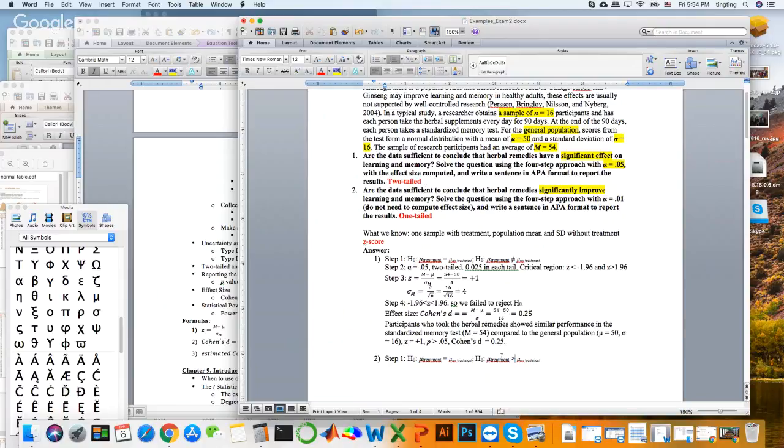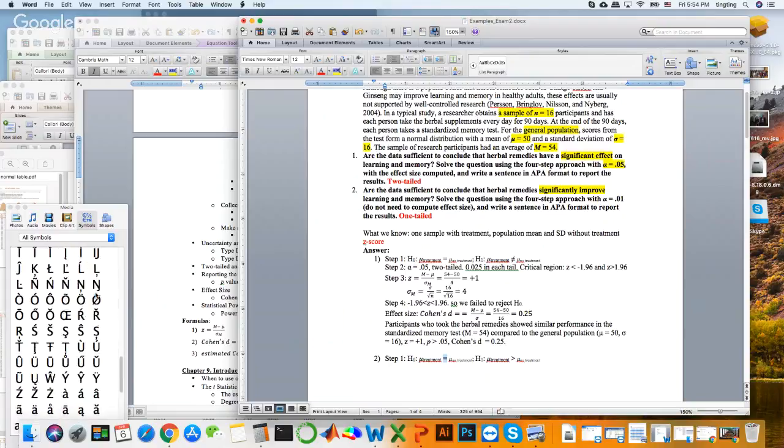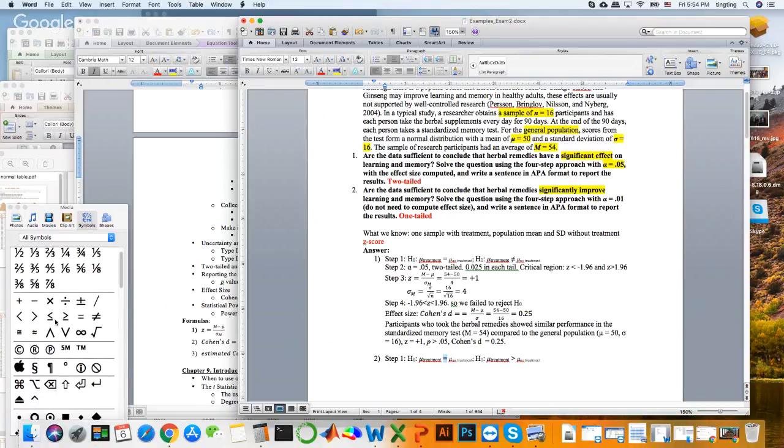So we hypothesize the population mean should be higher than the original population mean. And for the H0, it should be smaller than or equal to the population mean.